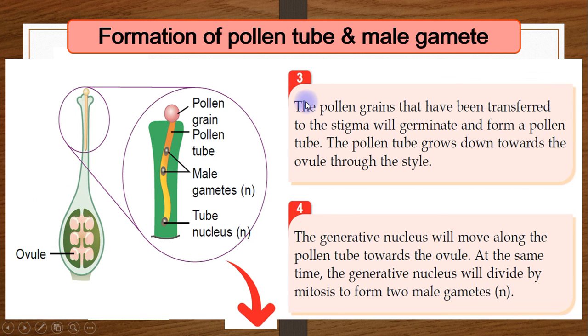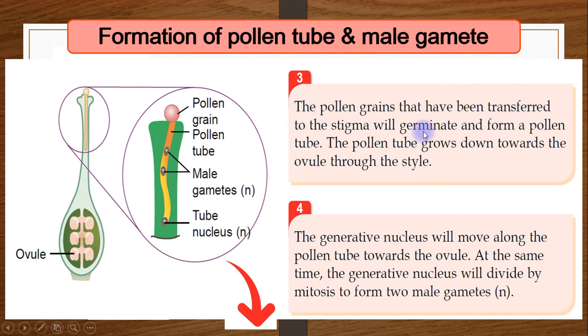Then number 3, the pollen grains that have been transferred to the stigma will germinate. Germinate means percambahan. The pollen grain that sticks on the stigma will germinate. What does germinate mean? The pollen grain will form a pollen tube.